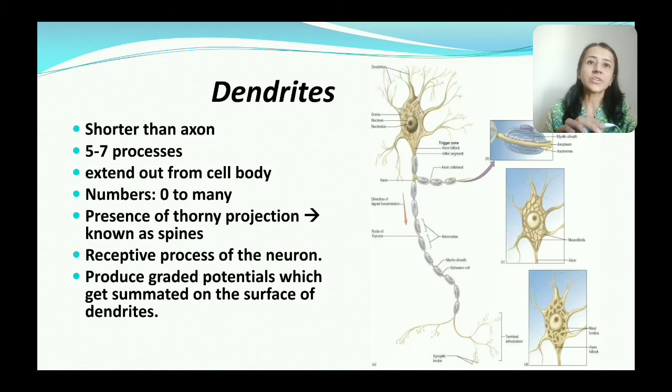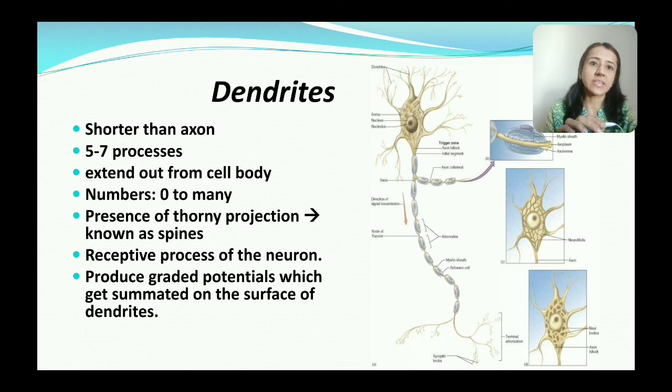Now, dendrites are shorter than the axon. They are 5 to 7 processes. They extend out from the cell body and they arborize extensively after they leave the cell. Their numbers may vary from 0 to multiple. They look like thorny projections because they have spines on their surface.